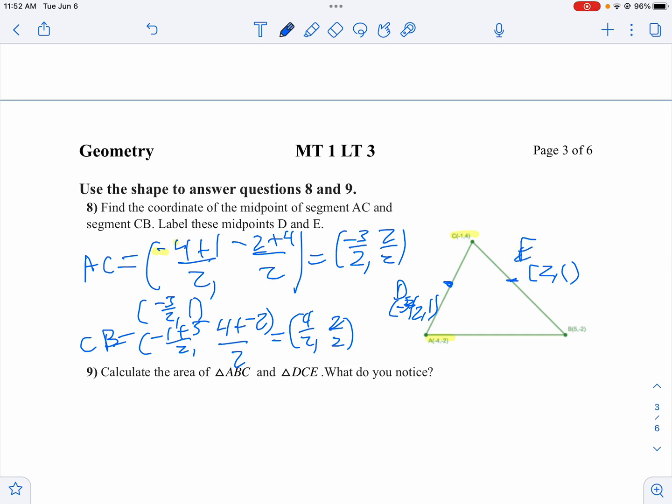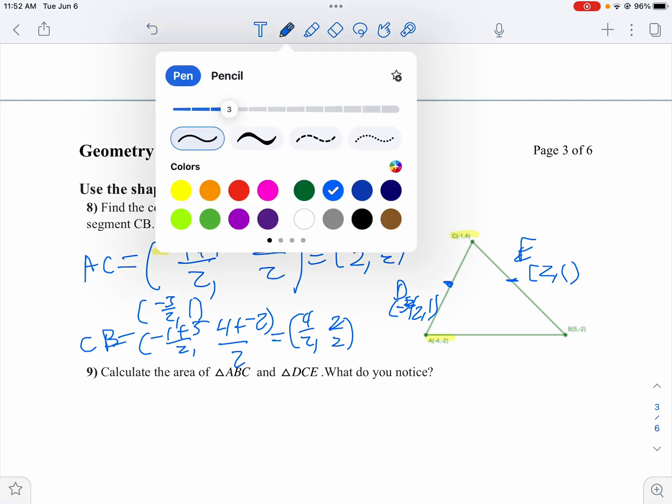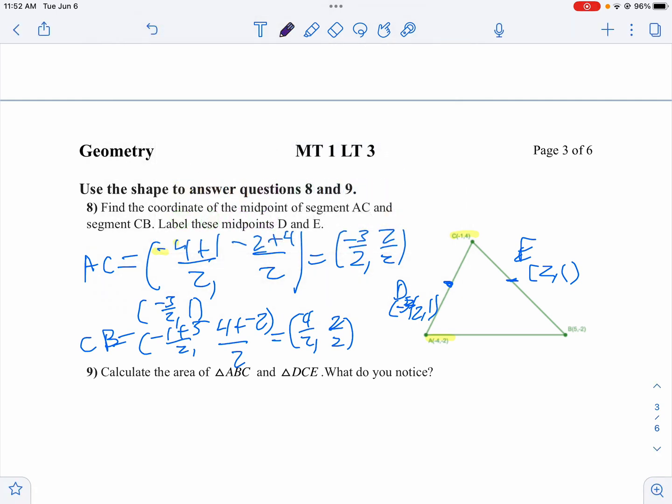Now I want to calculate the area of triangle ABC. Now the area of a triangle, remember, is 1/2 base times height. Now my big triangle, my height, remember, has a 90-degree angle. So my base goes from -4 all the way to +5.